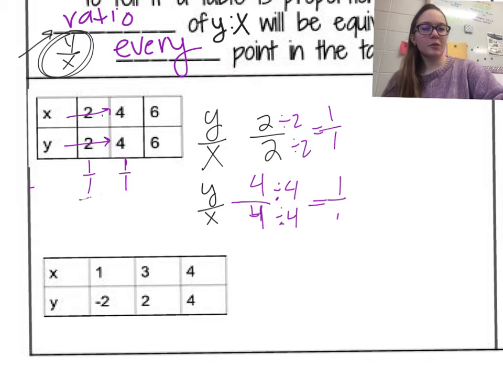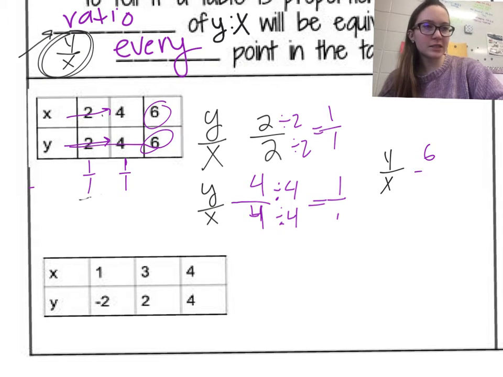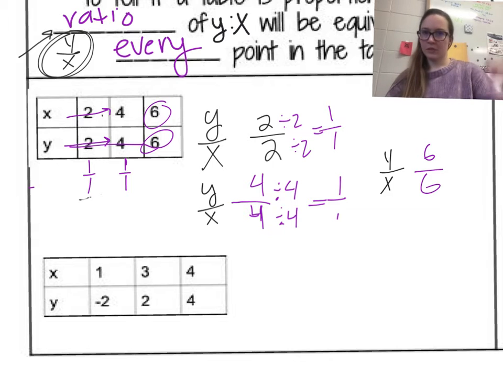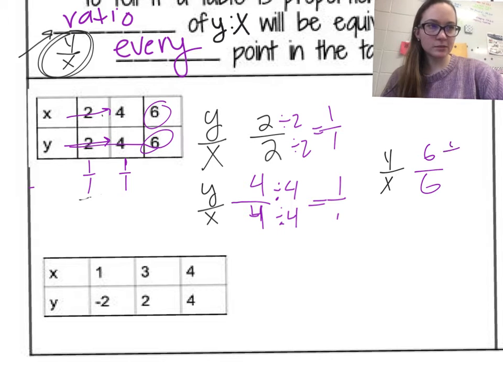All right, we have one more point. My y value is 6. My x value is 6, so 6 over 6. Can divide those both by 6. Get 1 over 1.